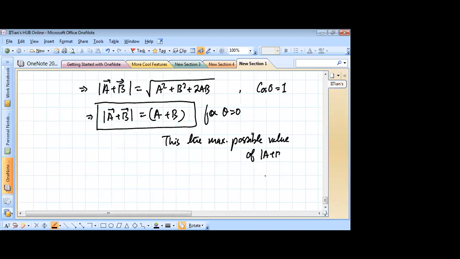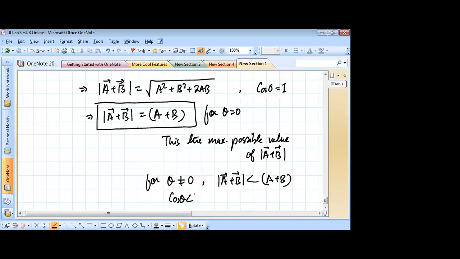For any other theta, mod of A plus B will be less than the sum of their magnitudes. So why does this happen?